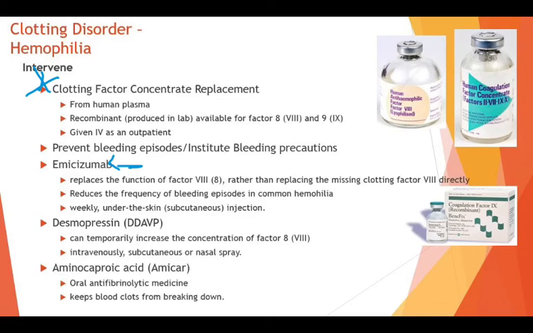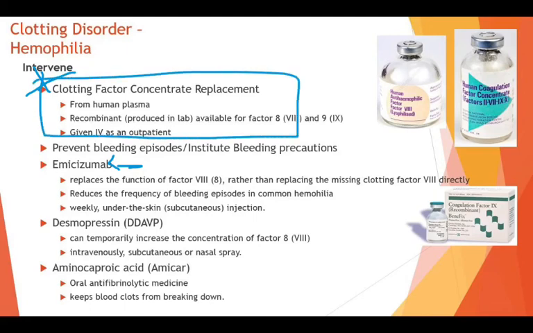And DDAVP, which is antidiuretic hormone that we just learned about in the endocrine lecture, has a couple of other off-label uses, and one of them, for some reason, increases the concentration of factor 8, so that can help a patient. But really, I want you to remember these.